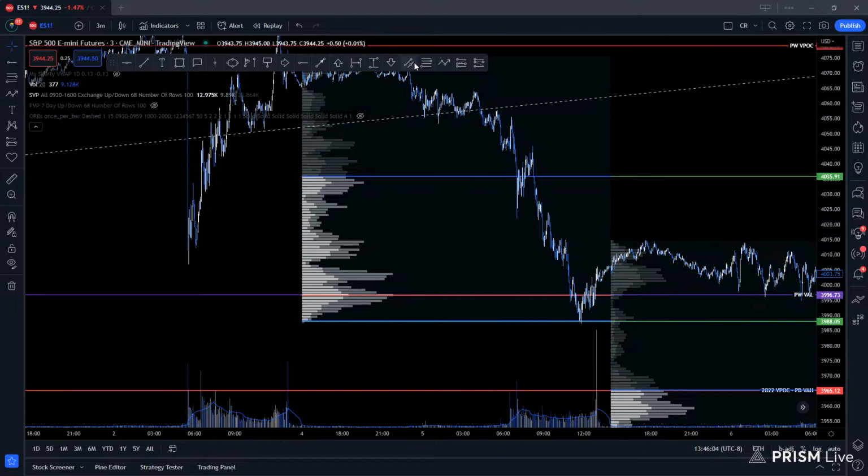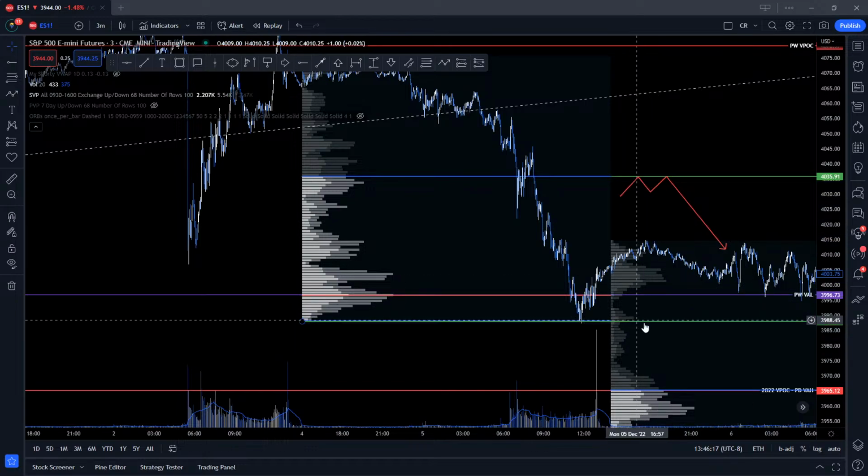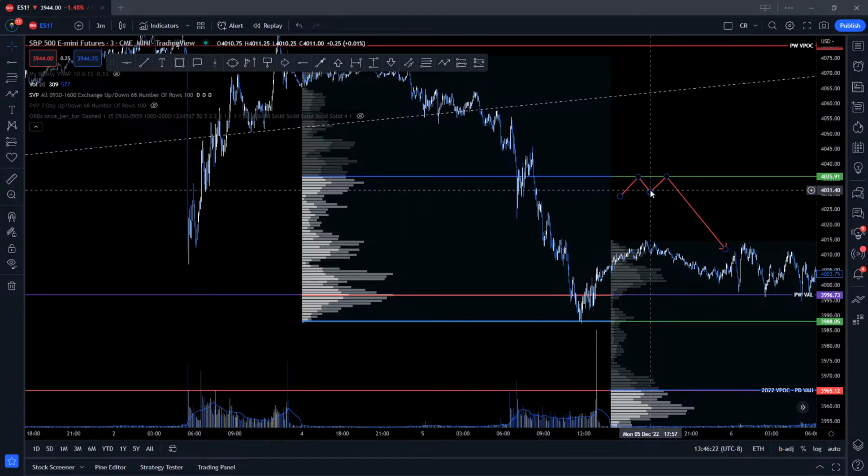You can also play, if we don't break outside, if we come up and test and then 3 candles close, retest, you can take it short there. Or same thing to the upside: bounce, 3 candles, retest, go long.